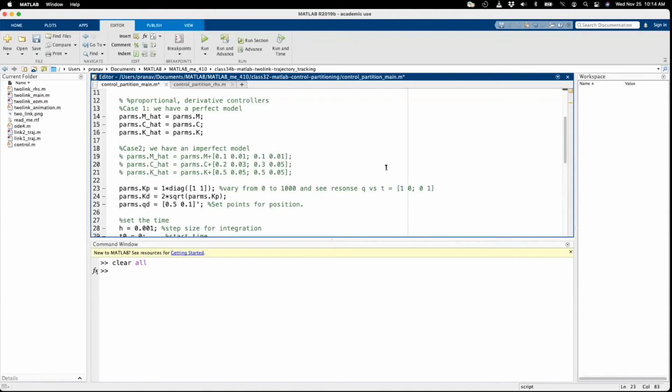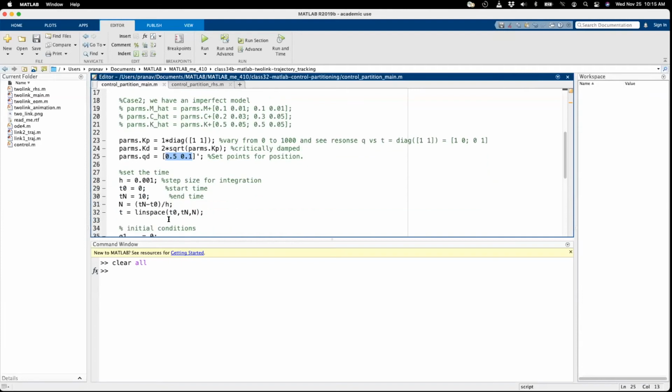That's the diag, so diag of 1, 1 is simply an identity matrix. If you have diag 5, 5, it will be 5 and 5 on the diagonal elements. And then the Kd is simply 2 square root of Kp, which is the critically damped case. Set point, as I said, is 0.5 and 0.1.